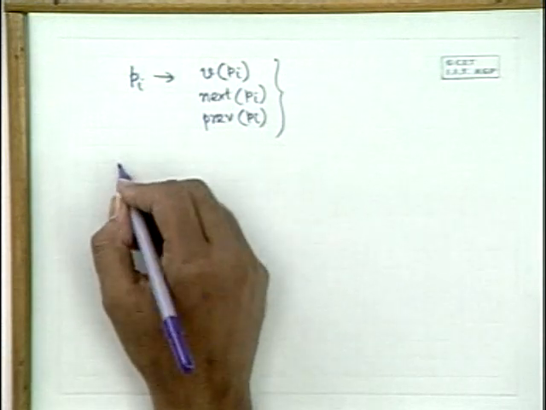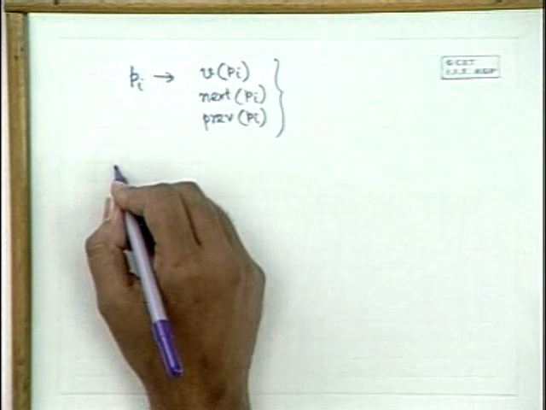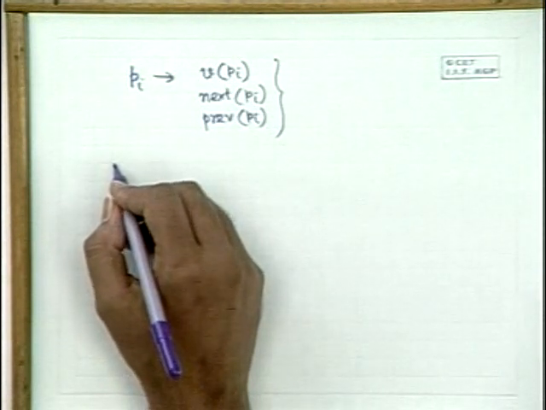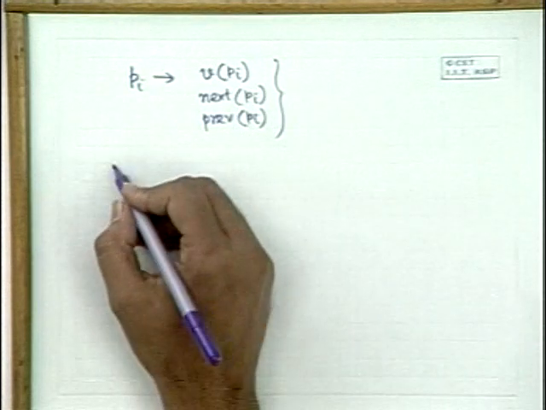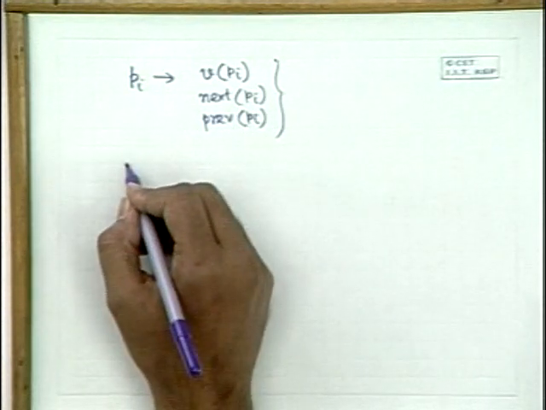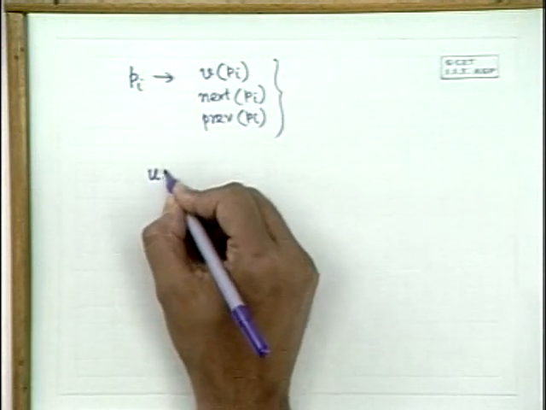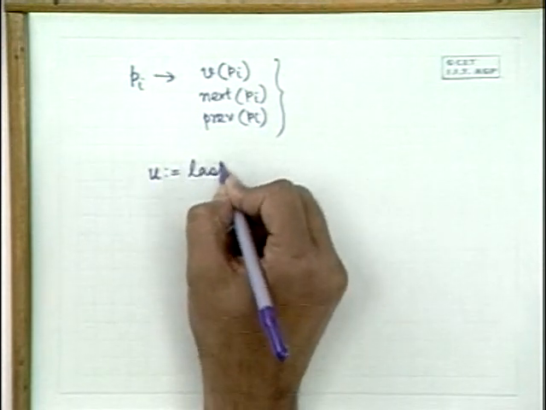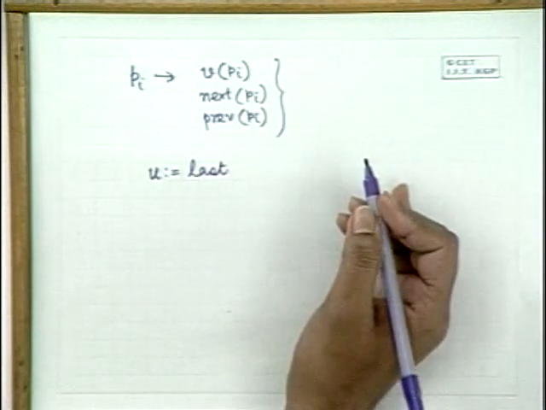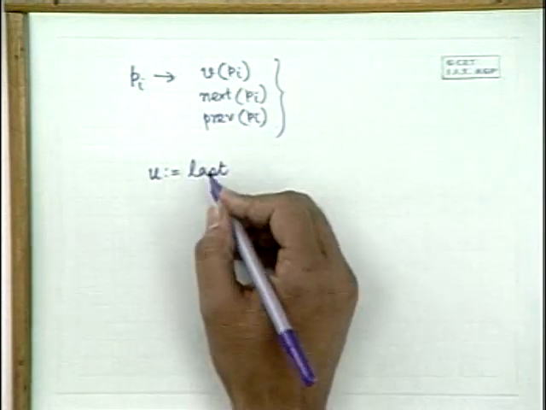I am assuming that we have a pointer to the point which has been added last. So that is pi minus 1. So I am going to write the tangent finding algorithm. Suppose u is equal to last. So last is already known to us. That is the last point. U is last.